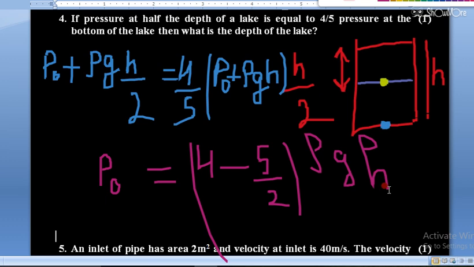So 4 minus 5, P naught is equal to 4 minus 5 by 2 rho g H. After the rearrangement, you can solve and put the value of P naught.